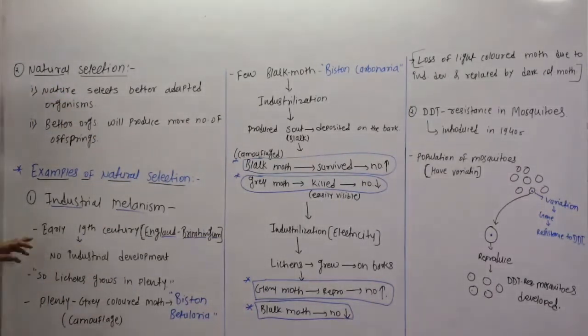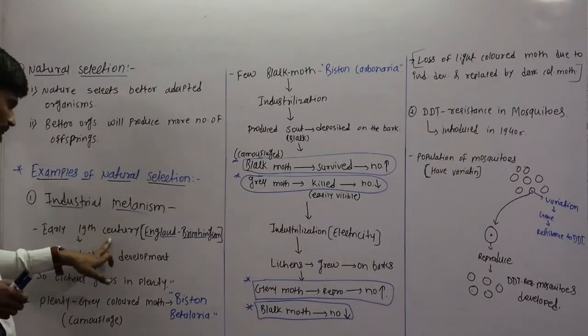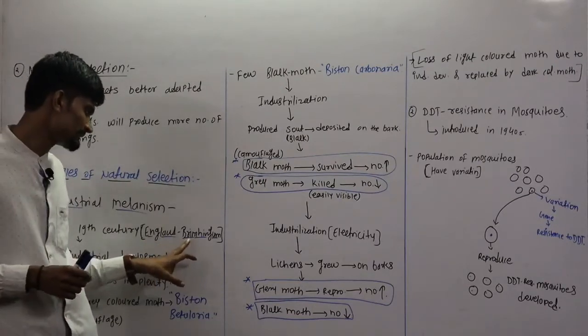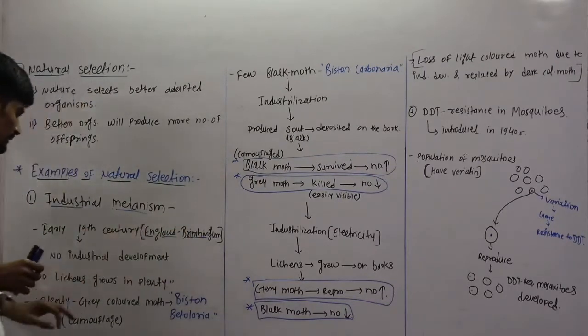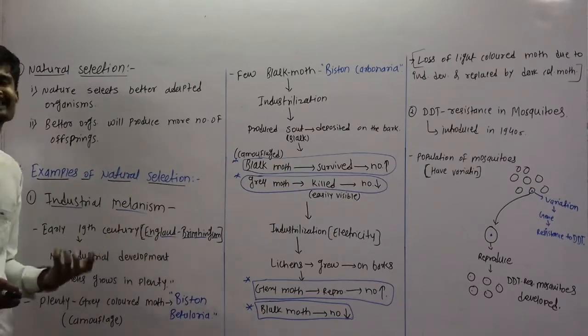So what happened in early 19th century? In England, the specific city is Birmingham, there was no industrial development. Due to no industrial development, lichens grew in plenty.